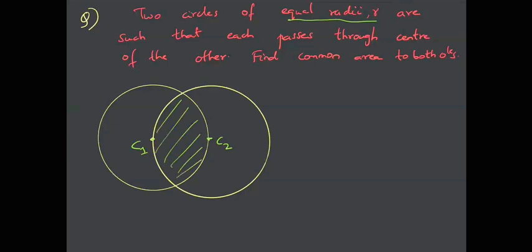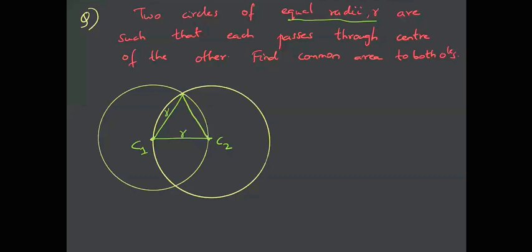Okay. So what I'm doing is I'm just joining these two. So this would be r because this is the center of the first circle and this is a point on the circumference. Similarly, this is also r because this is the center and this is a point on the circumference.